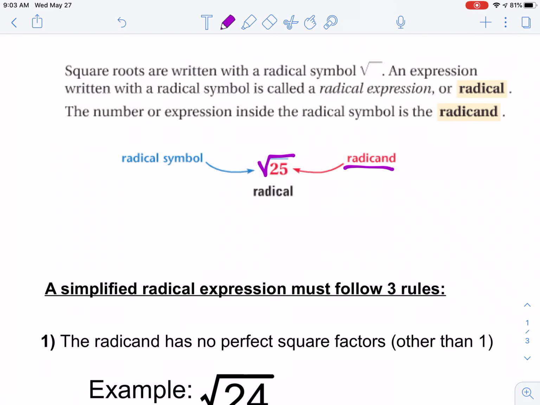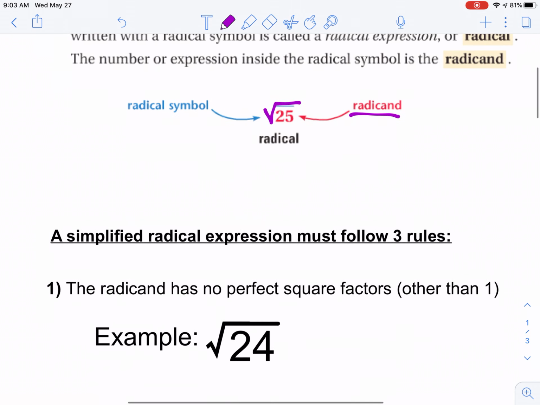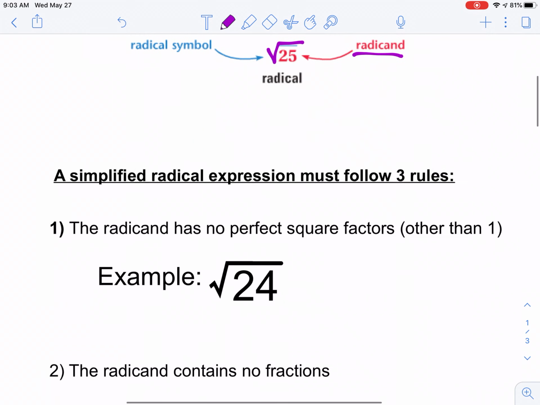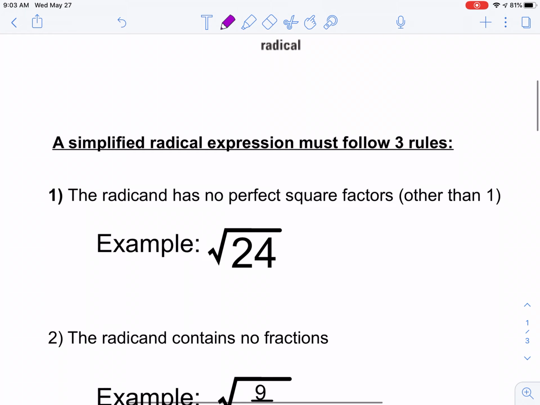Now, there are 3 rules for radicals which we must follow. And if we are not following these rules, then we must simplify the radicals until the rules are met. Okay, so for example, the first rule: the radicand has no perfect square factors.